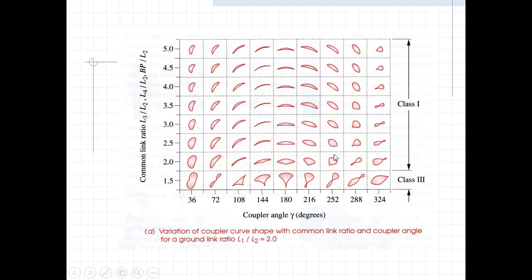So again, we need an L2, an L3, and an L4. And we need the length and angle to our coupler point in that case. And normally our L2 will be specified for us. And then after that, we'll have an L3, an L4, and an L1 based on our H&N atlas.